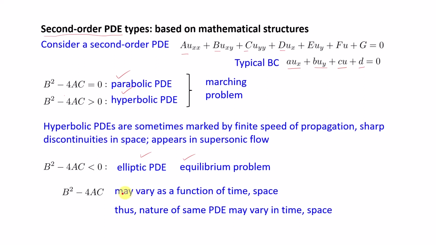But if, for instance, a, b, c are functions of u, as we solve, the b square minus 4ac will evolve. And the nature of the partial differential equation will continue to change in time and space as we solve the system. And that creates additional complexities in PDE solutions. Of course, in this course, we will take these to be constant and we will not get into all these complexities.